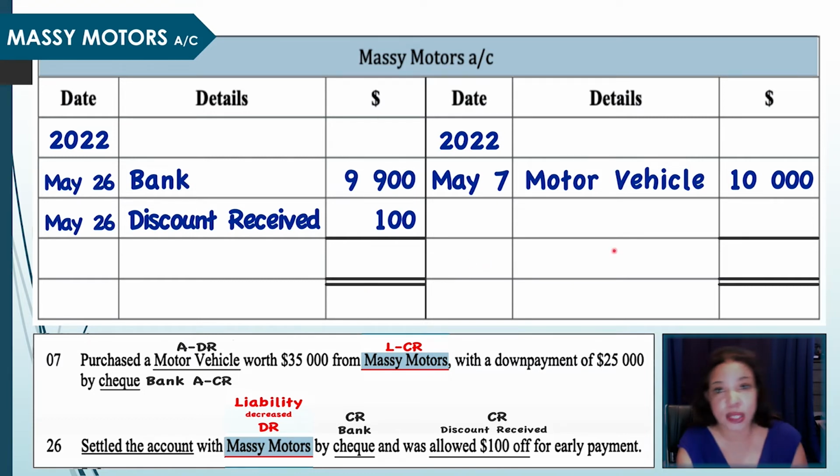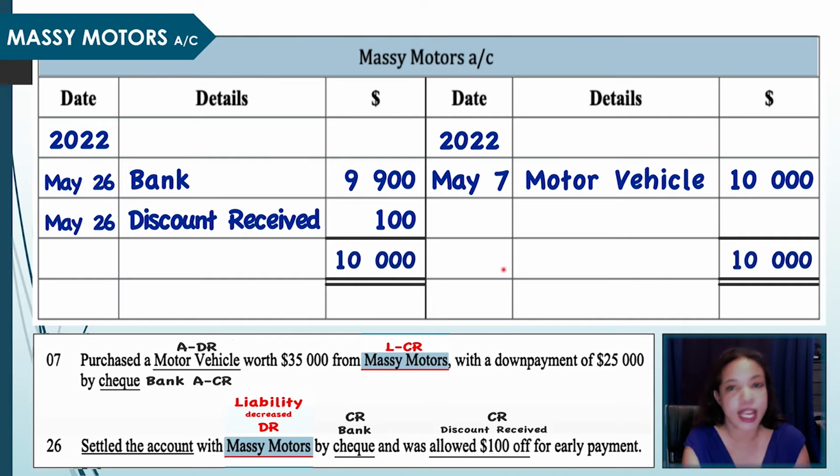This is why I didn't skip a line. For people who know, I usually say skip a line. This is why, because I just recognize one time is equal to 10,000. So your total for both sides is 10,000. That means there is no balance, right? It is totally settled, paid off, and this is what your account should have looked like for the exam.